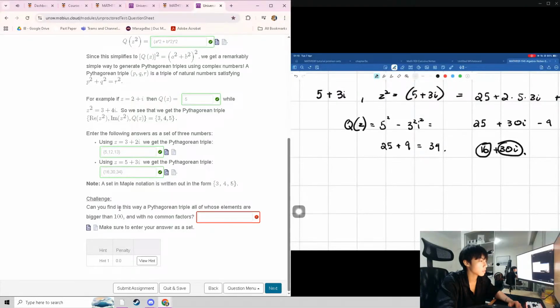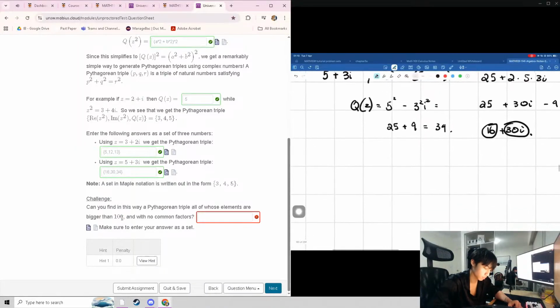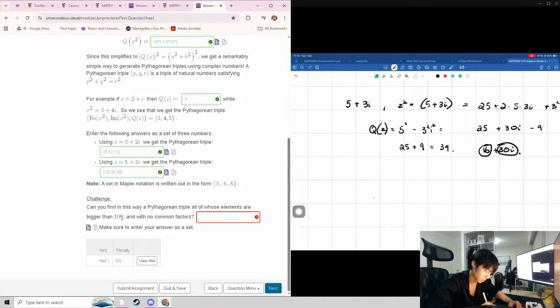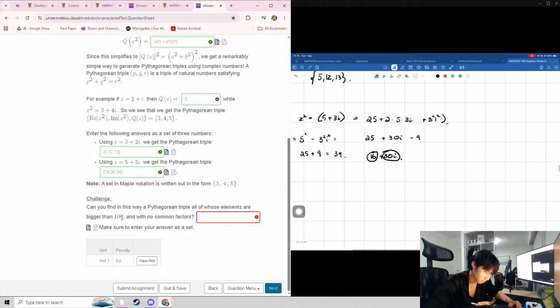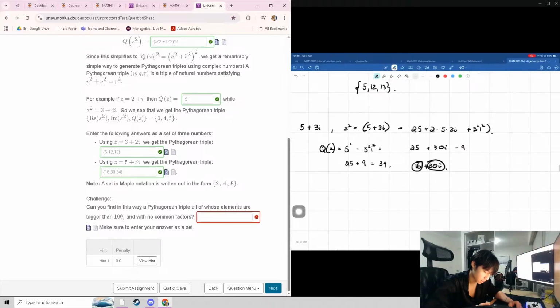Can you find in this way a Pythagorean triple, all of those whose elements are larger than 100 with no common factors? So it seems like the imaginary part is going to be the thing holding us back.